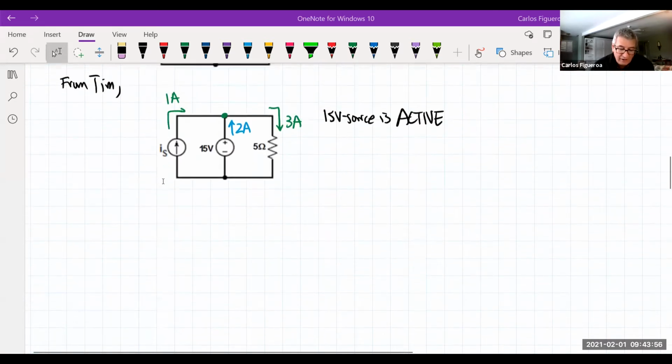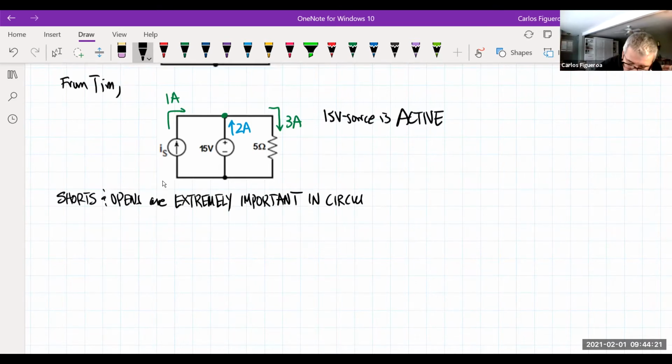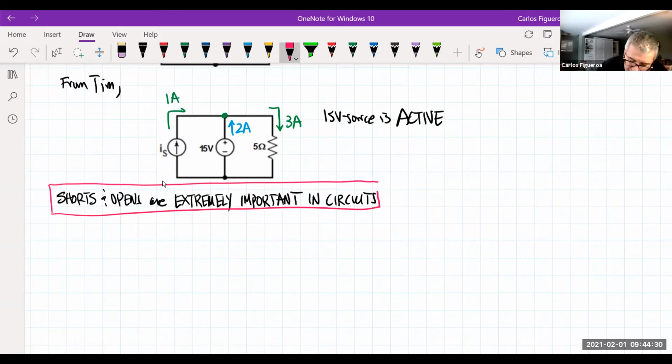But I will say this here, that shorts and opens are extremely important in circuits. Okay, I cannot tell you how important this is. And it's going to take you a while to get used to this. Okay? It's going to take you a while.